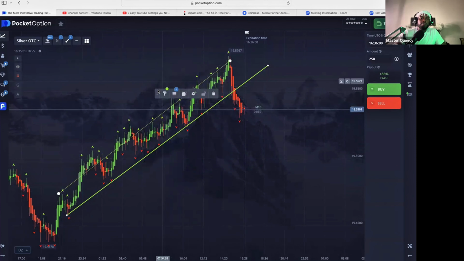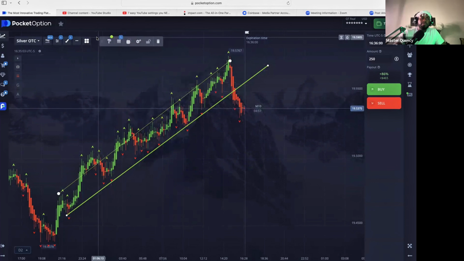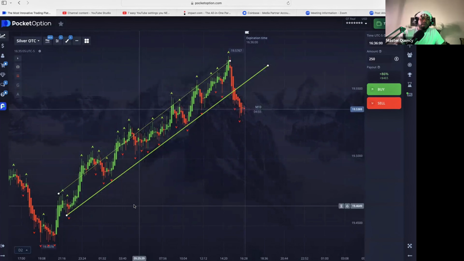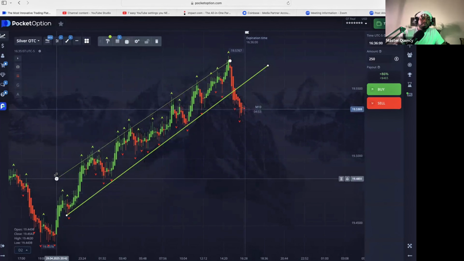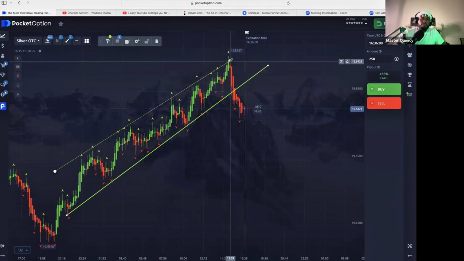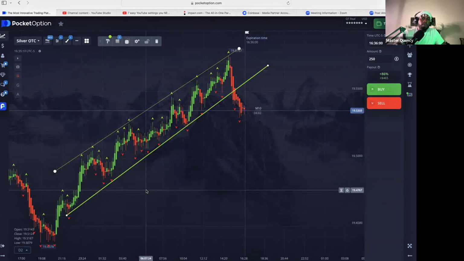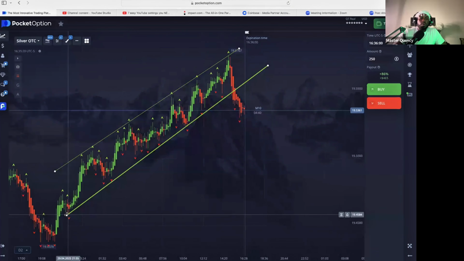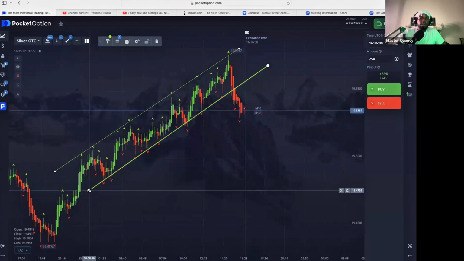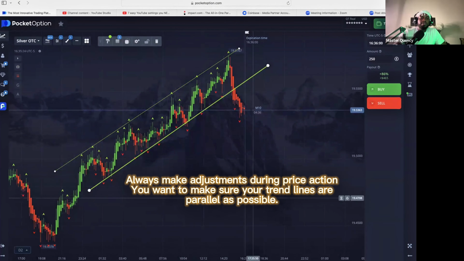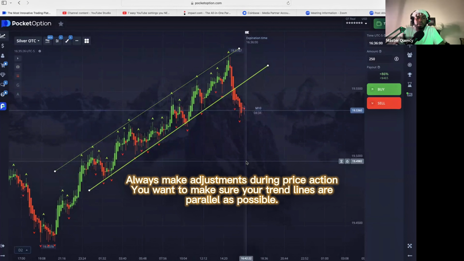So you can also put a trend line at the top, smooth that out. You also could eliminate this one, and now you can see that it's more in alignment.